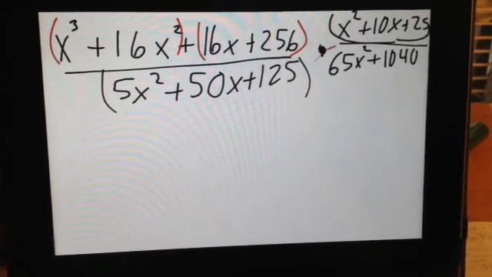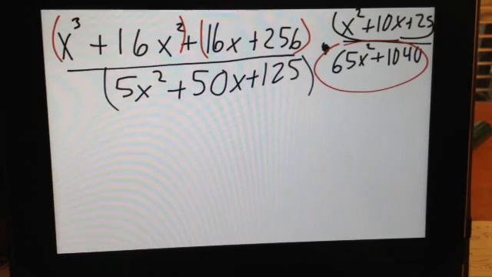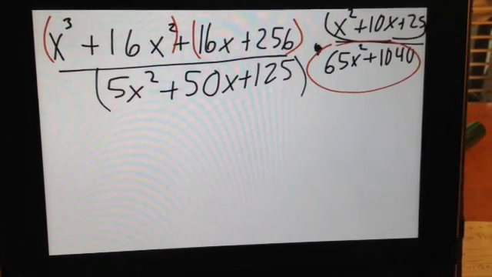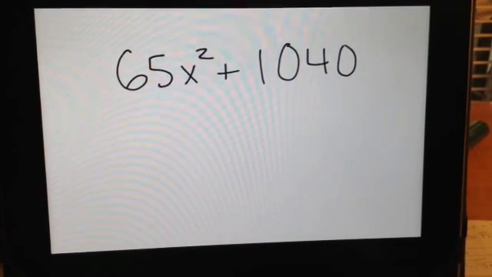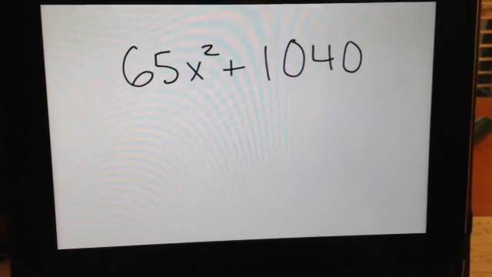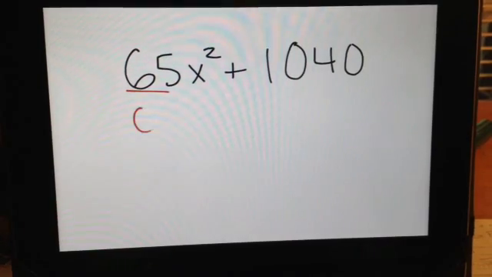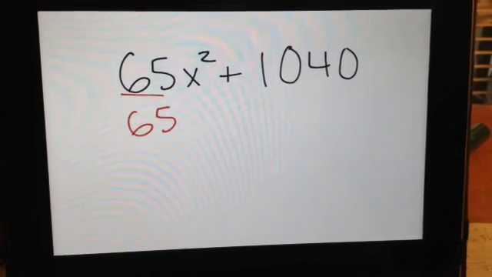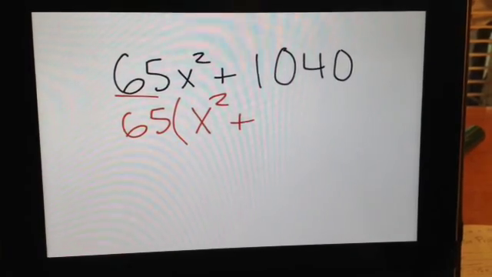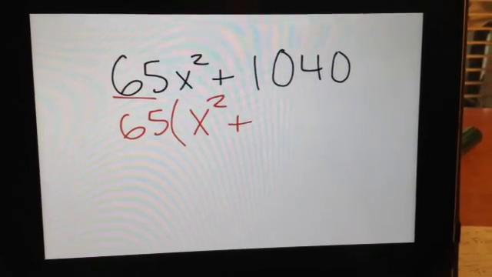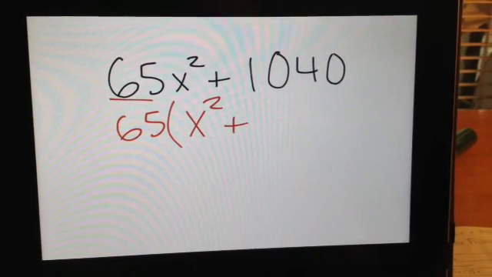Now we're into the last one, which is this one. We're going to take that one out now. So now that we have this out, first step again, greatest common factor, which in this case is the 65. And we're just left with x squared plus 1040 divided by 65, which is 16.